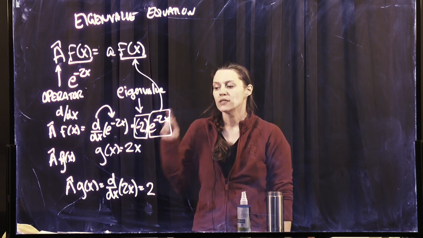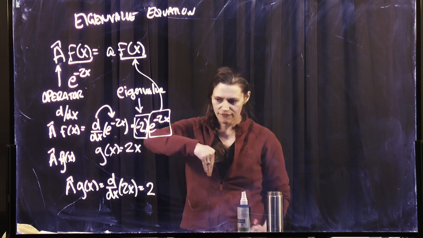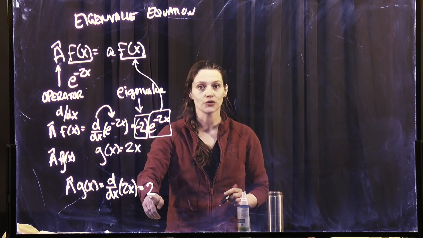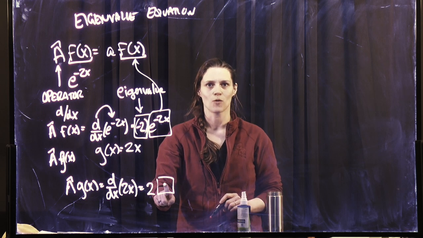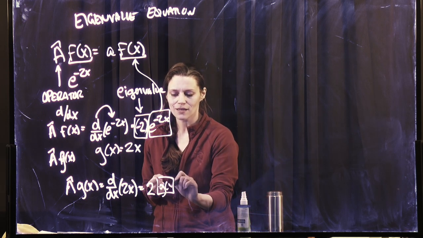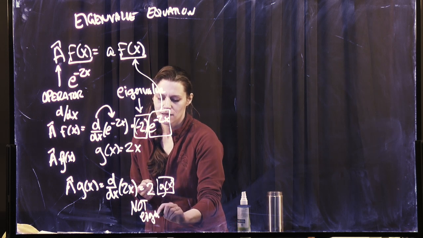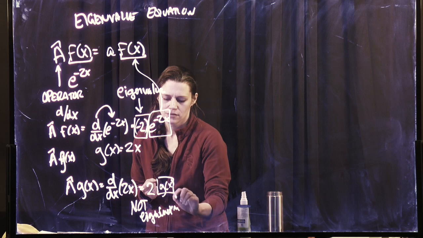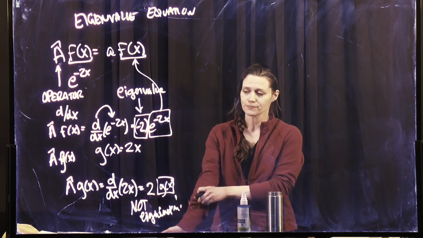Cool. So d/dx of 2x, the derivative operating on our function 2x, gives us 2. Notice how there's no x anymore. Because there's no x anymore, there's no g of x here. This is not an eigenfunction. So it's not an eigenfunction equation. It's not an eigenvalue equation.